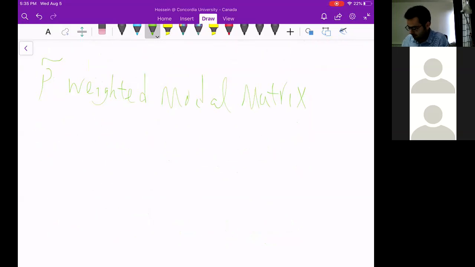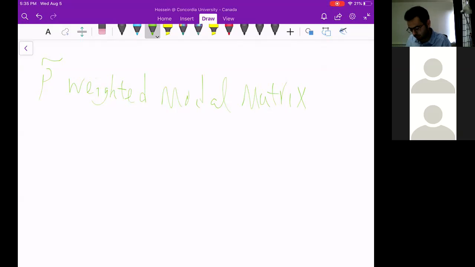Weighted modal is just the reciprocity theorem. Orthogonality, okay, we can easily go for it.